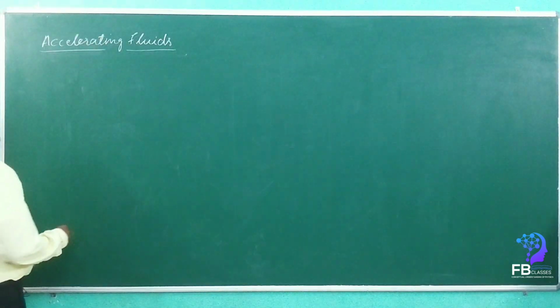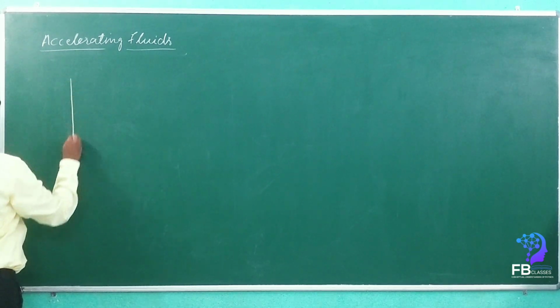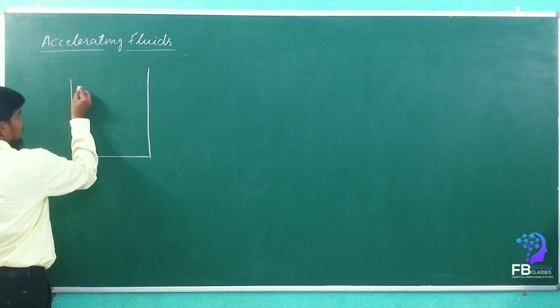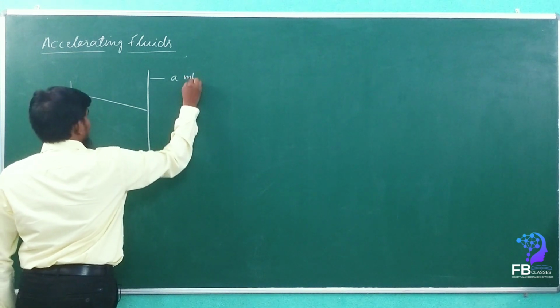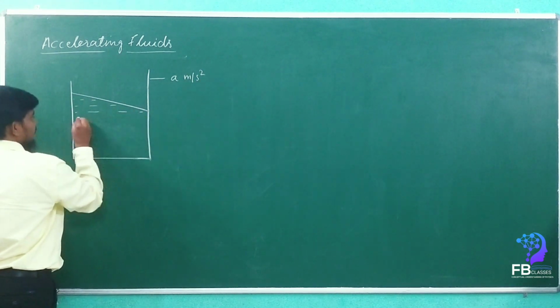Okay, so now let me see. This is the container and it is moving with acceleration A. Now this is the condition of equilibrium of a liquid.